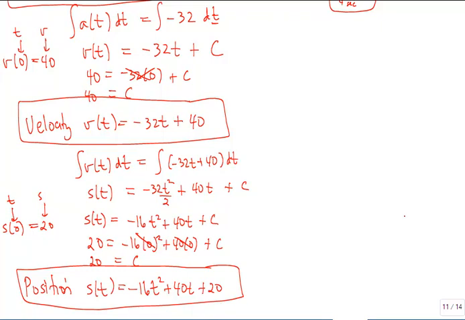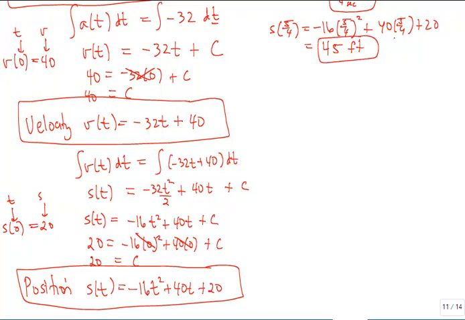So we're going to plug in 5/4 for t. So negative 16 times 5/4 squared, plus 40 times 5/4 plus 20. And you can just plug that into your calculator, and it turns out to be 45, and our units for position would be feet. So that is our maximum height.